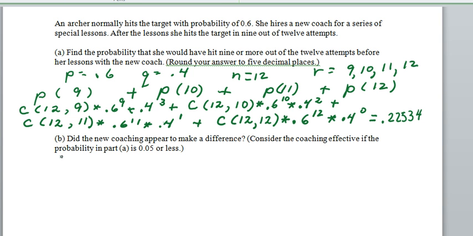Here I would say that the coach did not appear to make a difference because in 22.5% of the time she would have had 9 or more successes out of 12 before the lessons.